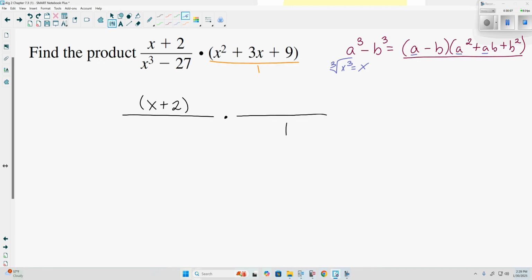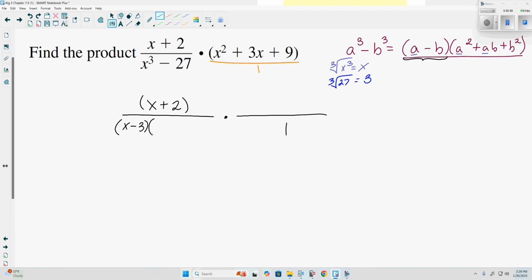Then for our b, it's going to line up with our 27. B cubed is 27, so we take the cube root of 27. It's 3. So the values we're plugging in for b are going to be 3. So when we factor this, our first set of parentheses is a minus b, which for us would be x minus 3.